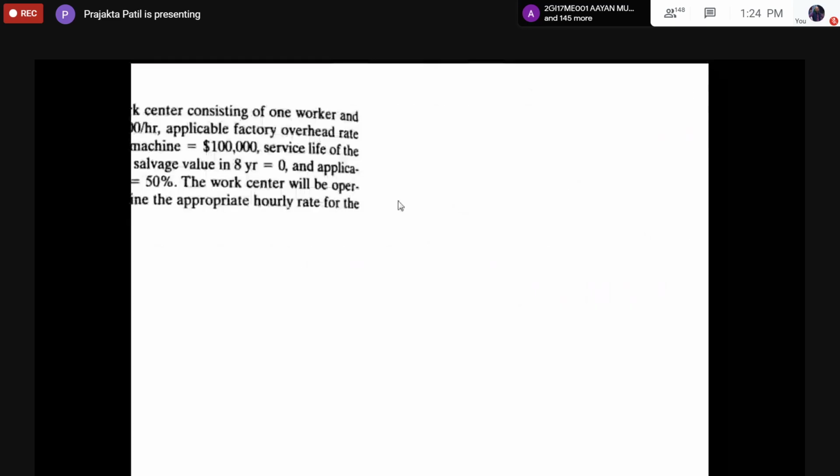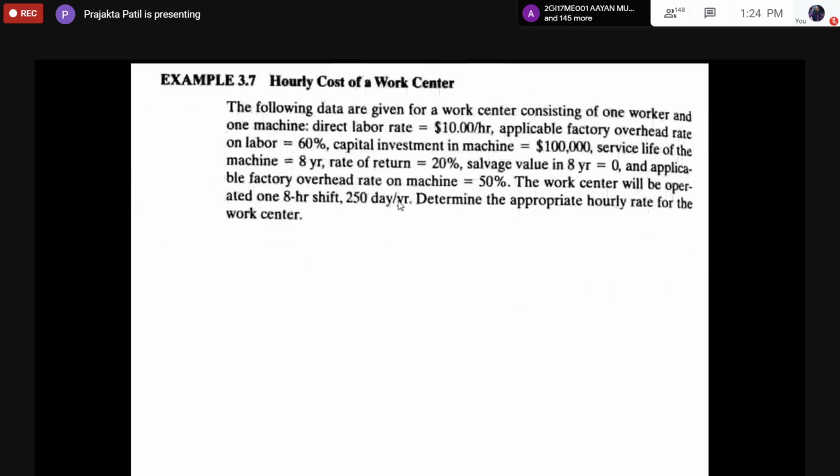This is the data. The following data are given for a work center consisting of one worker and one machine. Direct labor rate is $10 per hour. Applicable factory overhead rate on labor is 60%. Capital investment in the machine is $1 lakh. Service life of the machine is 8 years. Rate of return is 20%.